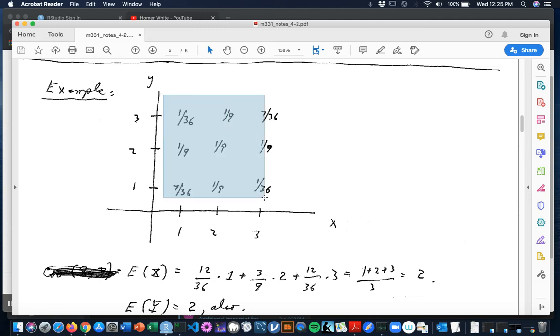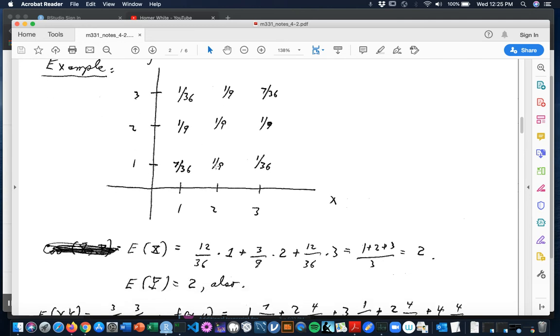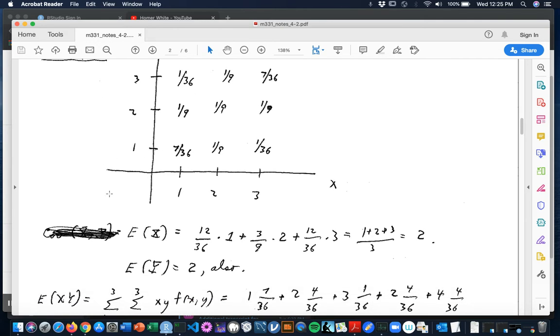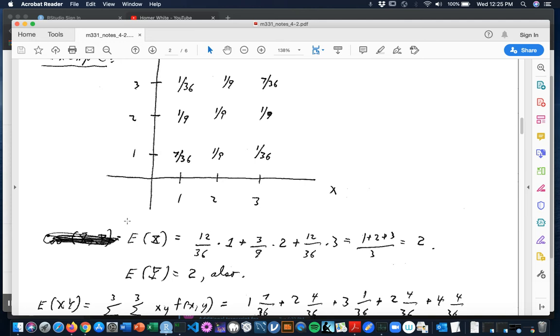So if you add these all together, you do get 20/36 plus 16/36 makes a 1. So this is really a valid PMF. And you can compute marginals in the usual way. And you can compute expected value of x and expected value of y in the usual way once you have the marginals.